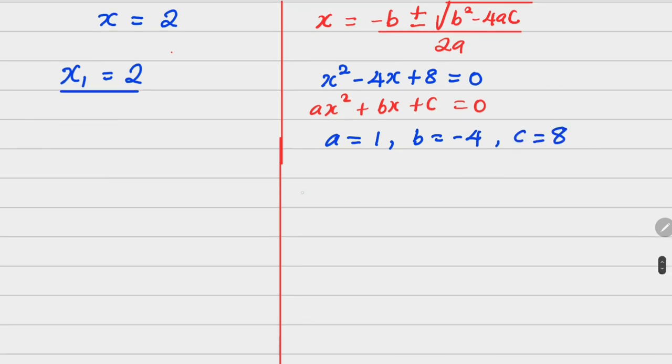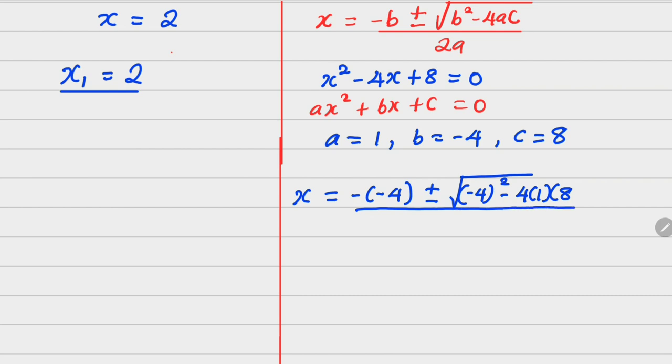Substituting everything in the formula, I'm going to have x is equal to minus into minus 4, plus or minus root of minus 4 all squared, then minus 4 into 1 and into 8, all over 2 into 1.